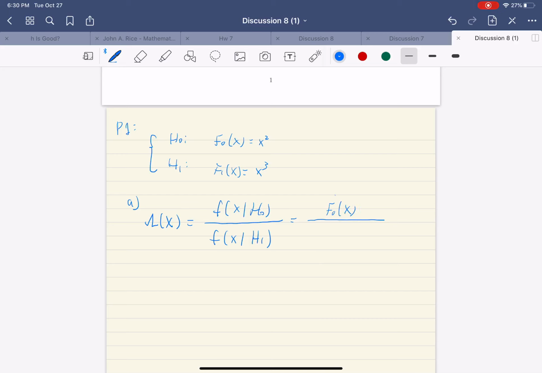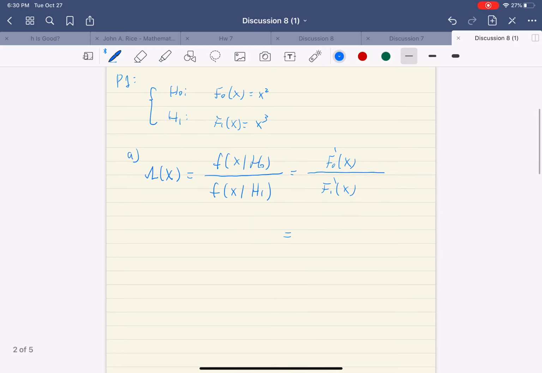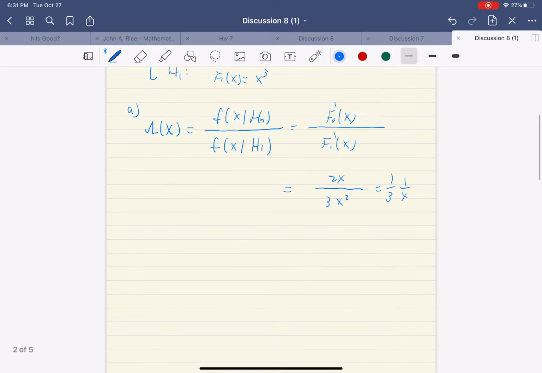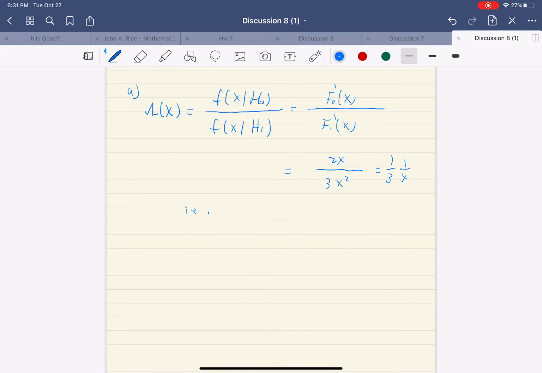So this is equal to 2x divided by 3x to the power 2. Then you can see it is a decreasing function as x goes to infinity.